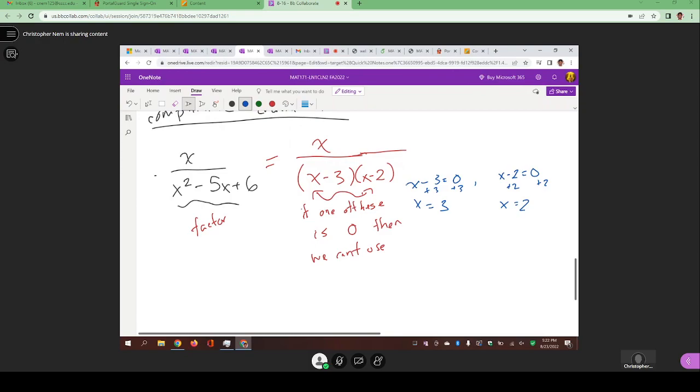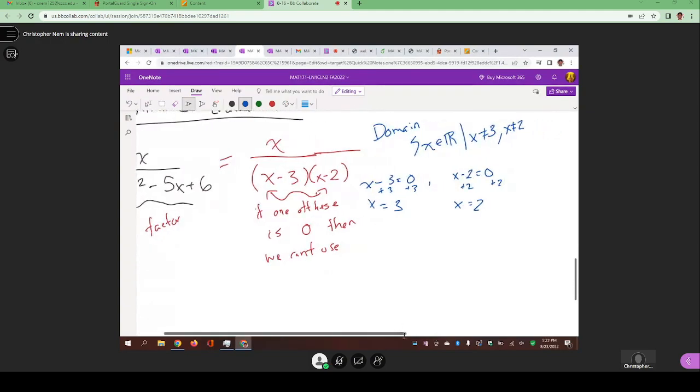So this may look confusing, but our domain is actually going to be all real numbers such that x does not equal 3 and x does not equal 2. You cannot have x equal to these values. Why? If I plug in those values, your denominator will be 0. So you've got to be very careful with that.